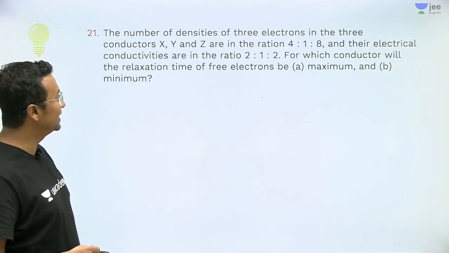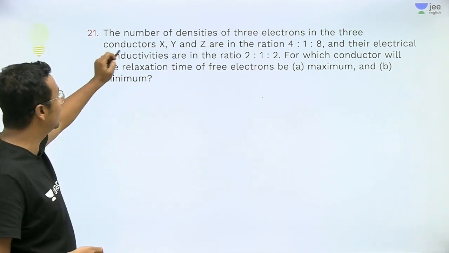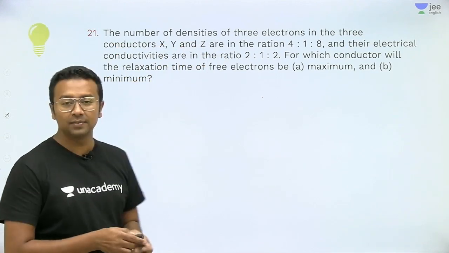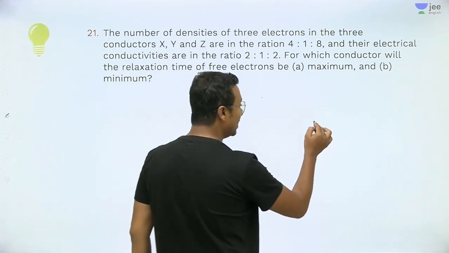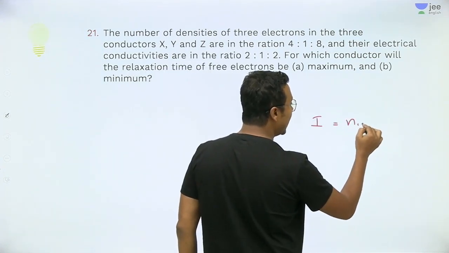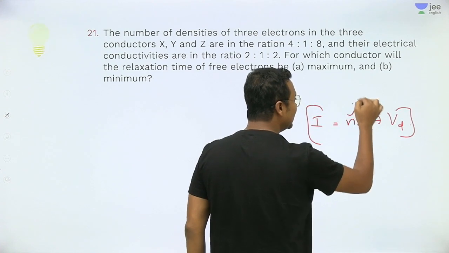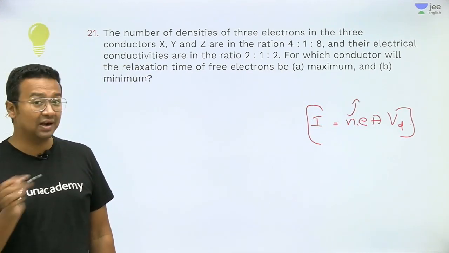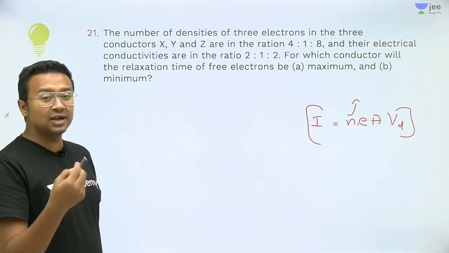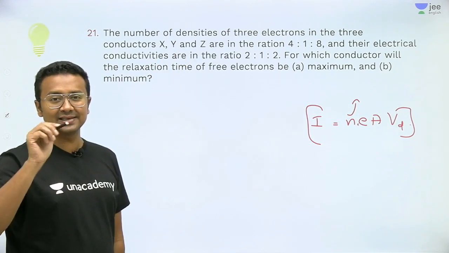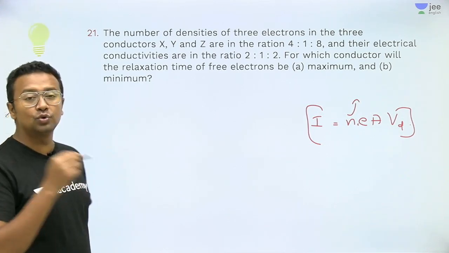Chalo, now let's have a look at this question itself. The number densities of electrons in the 3 conductors X, Y, Z are in the ratio 4:1:8, and the electrical conductivities are in the ratio 2:1:2.